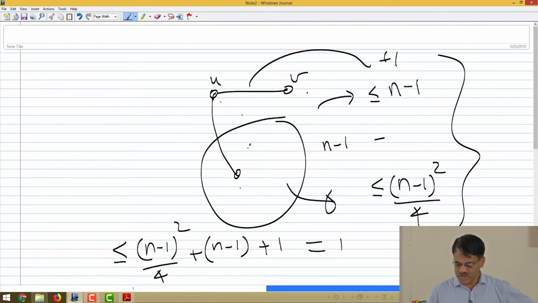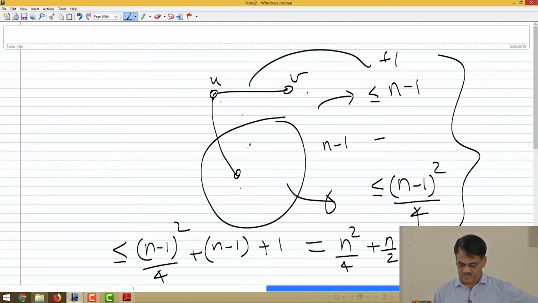Let us do n square by 4 minus n by 2 plus n, so plus n by 2, minus 1, because this is, sorry, plus 4. So plus 1, this cancels. So there is plus 1, and hopefully it is actually plus 1 by 4.